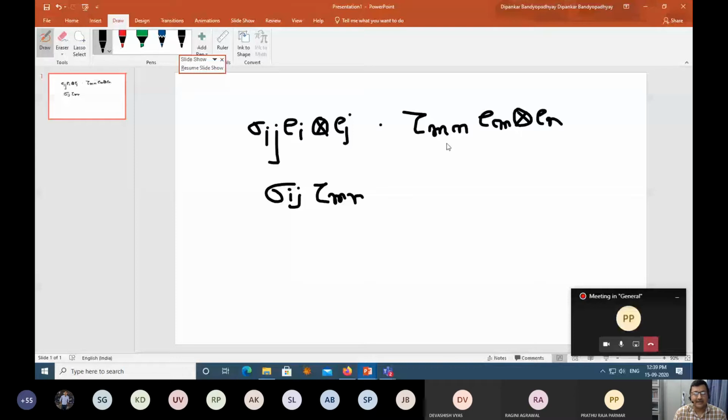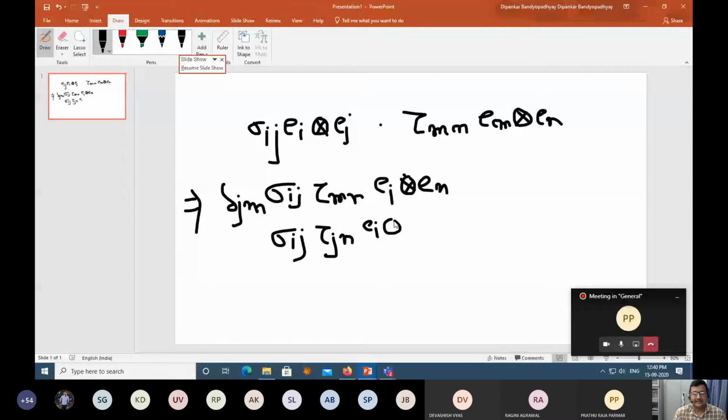See, this j and m are undergoing a dot product, so I keep delta jm, which comes by collapsing these two, and what remains is e_i dyadic e_n. Now j is equal to m, so this will become sigma ij tau jn e_i dyadic e_n. You can think of this as a 3 by 3 matrix.